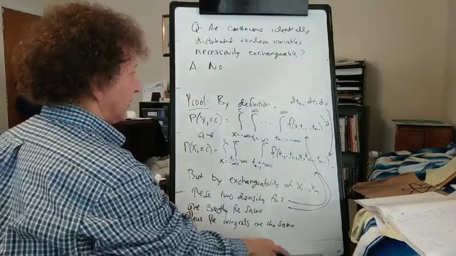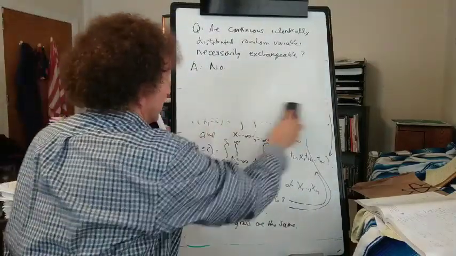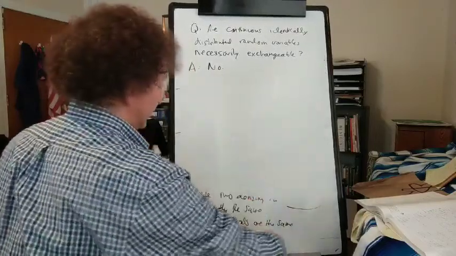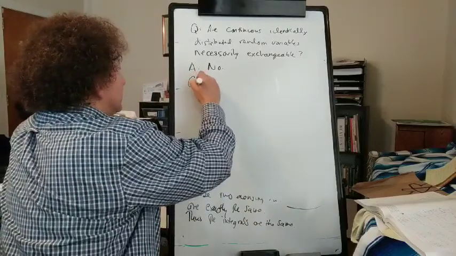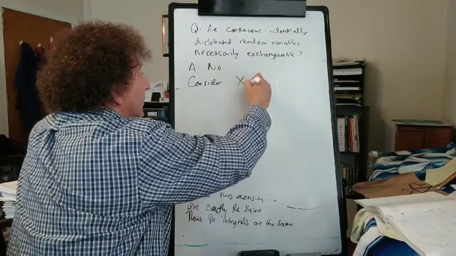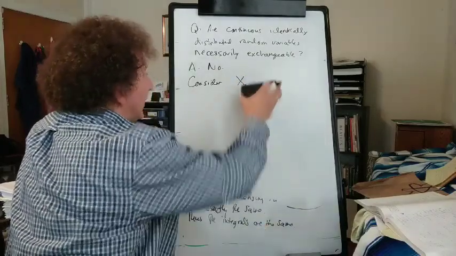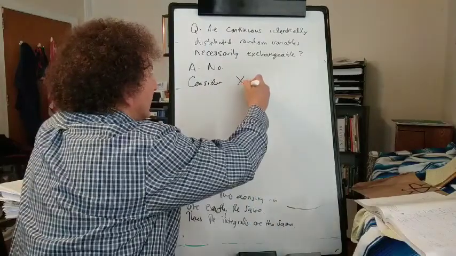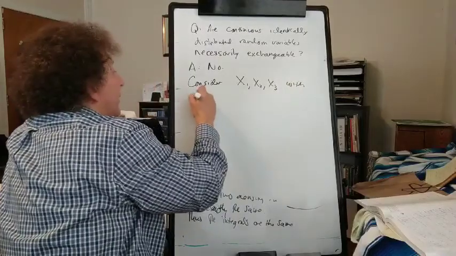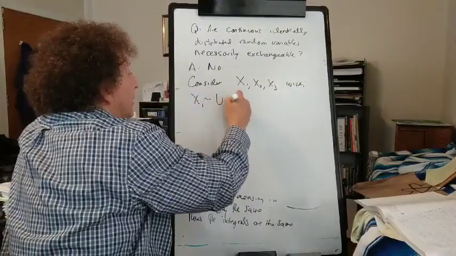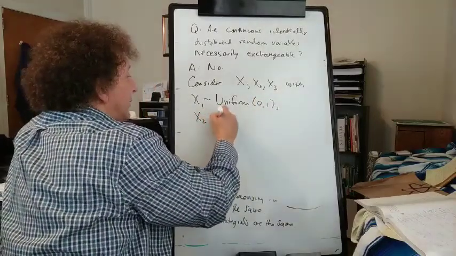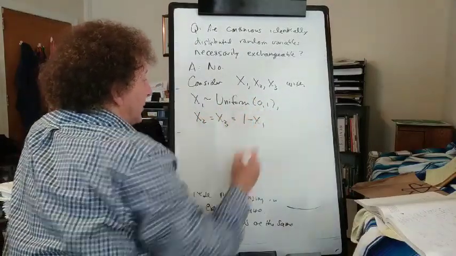And we can show this with a simple example. Let's consider three random variables, X1, X2, and X3, with X1 uniform on the interval from 0 to 1, and X2 and X3 both equal to 1 minus X1.